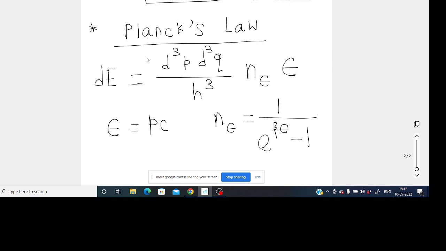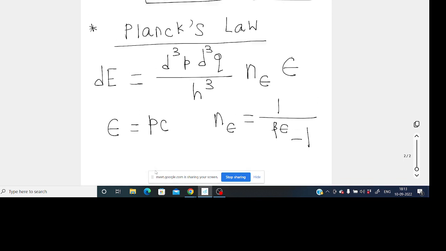You have seen it before when we were calculating this, it was like this. So this factor is d3p d3q by h cube. Here p is the momentum and q is the coordinate.